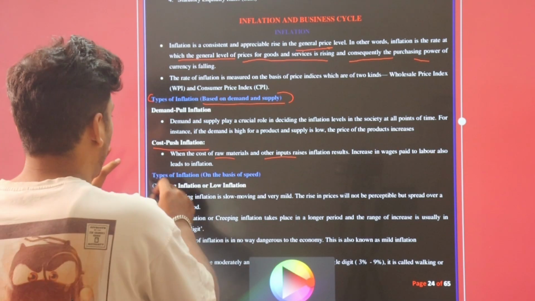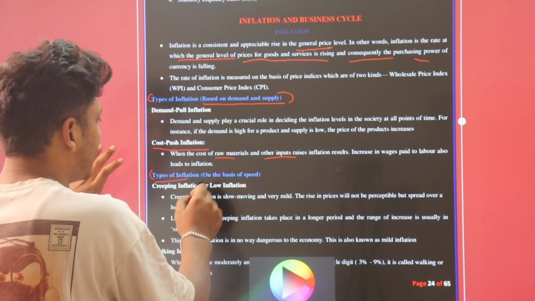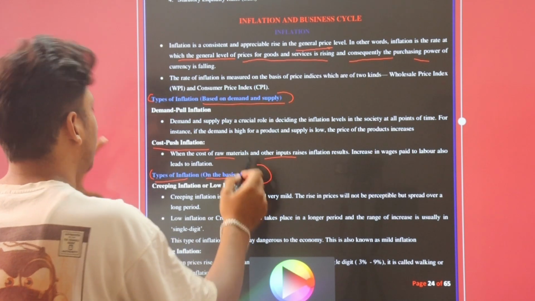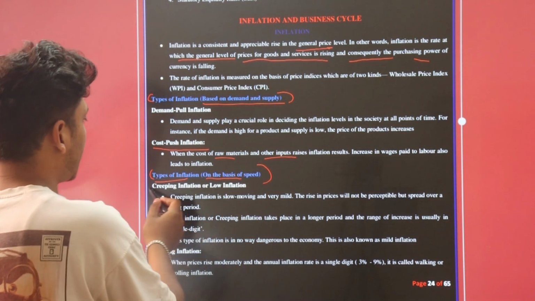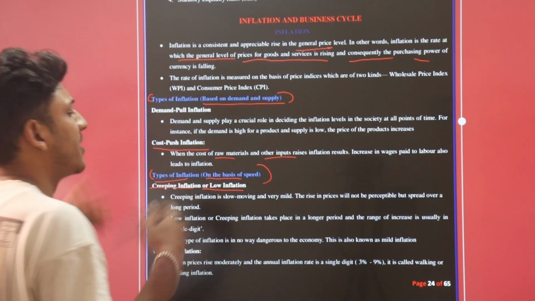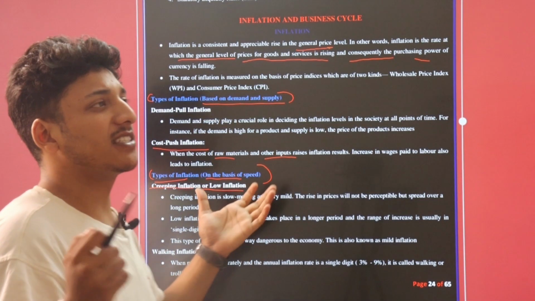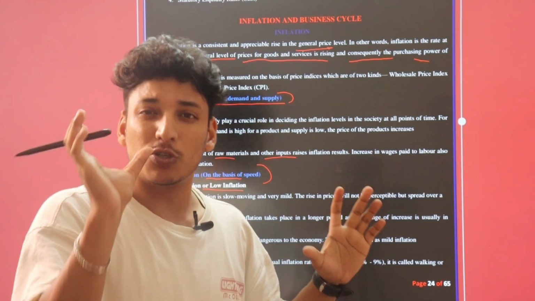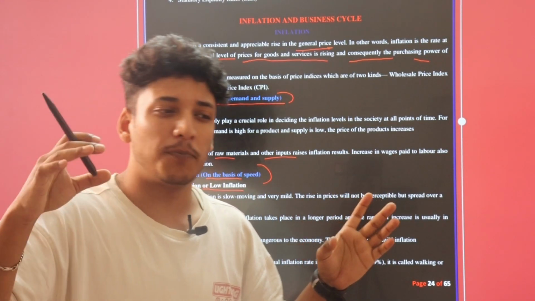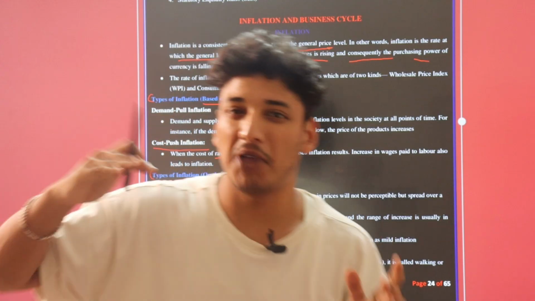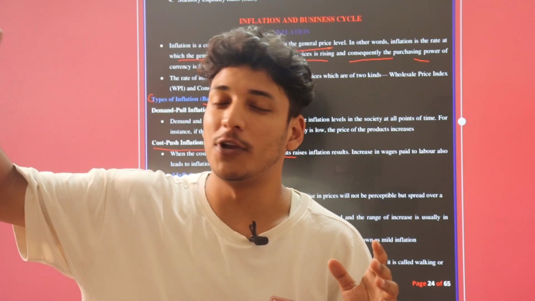Now we will learn about types of inflation on the basis of speed. Okay, crippling inflation or low inflation. Basically, crippling inflation is a type of inflation which is visibly slow, but within a year it rises slowly over a period of time.